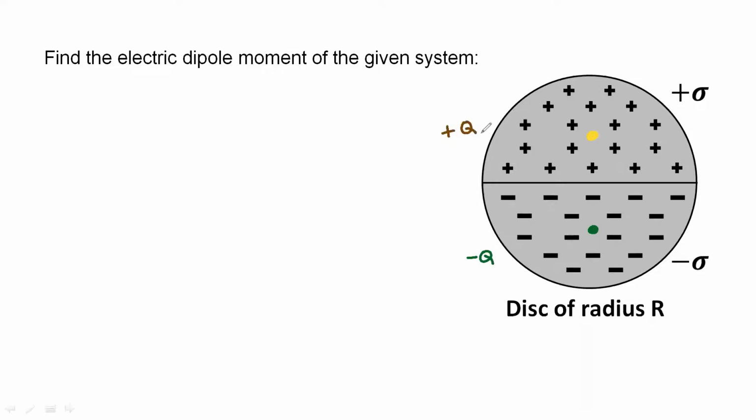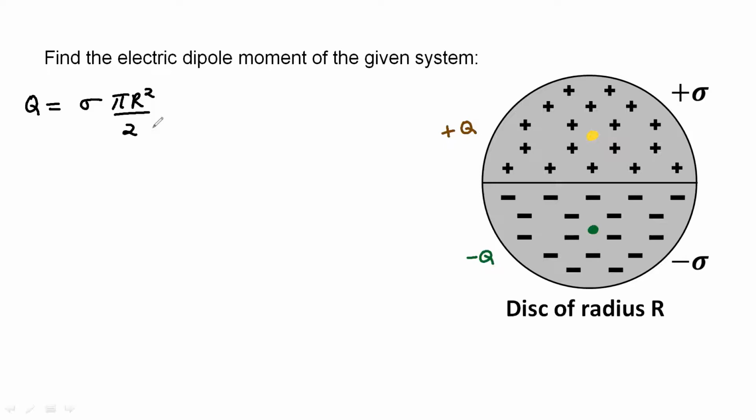All right. So first of all, let's just calculate the value of q. So q is going to be charge density, which is sigma times the area. So what is the area of this semicircle? Semicircle's area is going to be pi r square by 2. That is the charge.